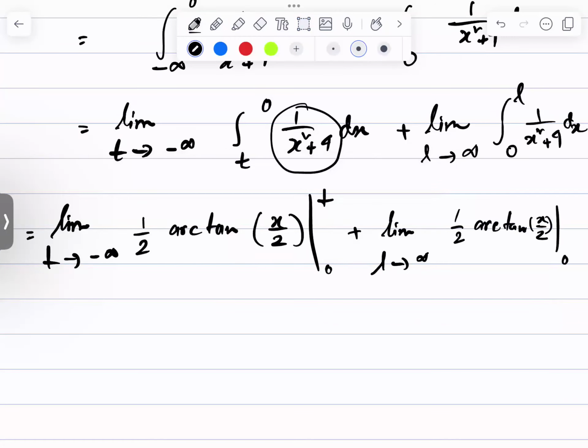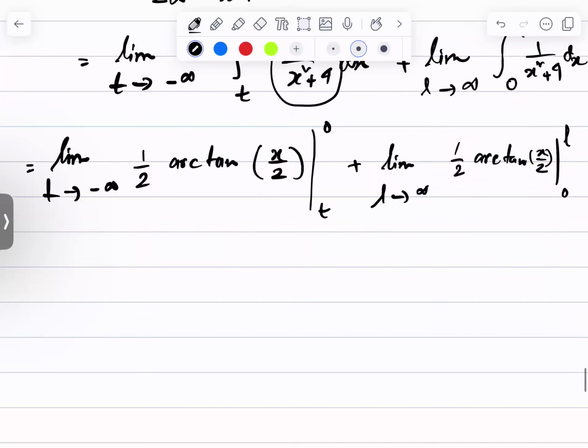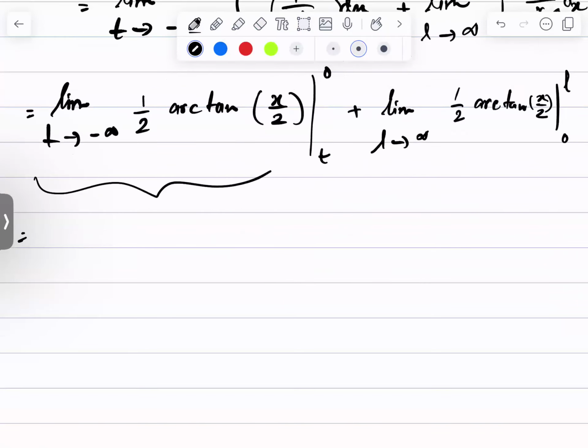From 0 to L. Okay, there's some mistake. Okay, cool, I get it. It should be from t to 0 for the first part. For this part, I'll get half arctan of 0 over 2, which is 0, minus half arctan of negative infinity over 2, which is negative infinity.